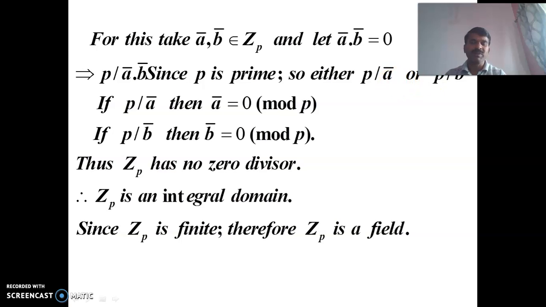If p is a divisor of a, then a complement is 0 mod p, or else if p is a divisor of b, then b complement is 0 mod p. Thus Zp has no zero divisors. Therefore Zp is an integral domain. Since Zp is finite, therefore Zp is a field.